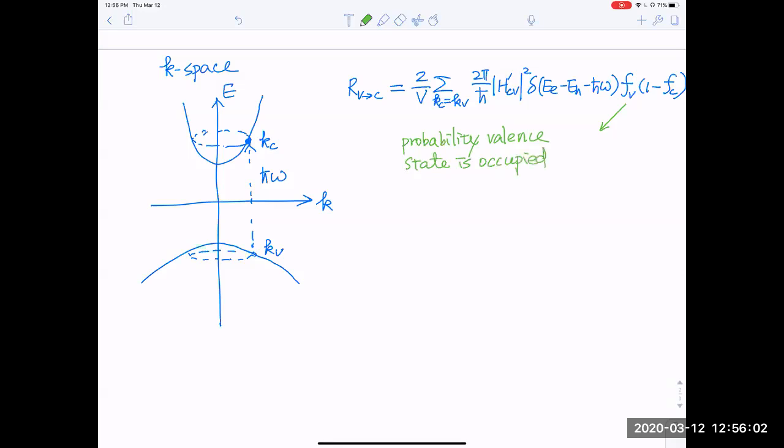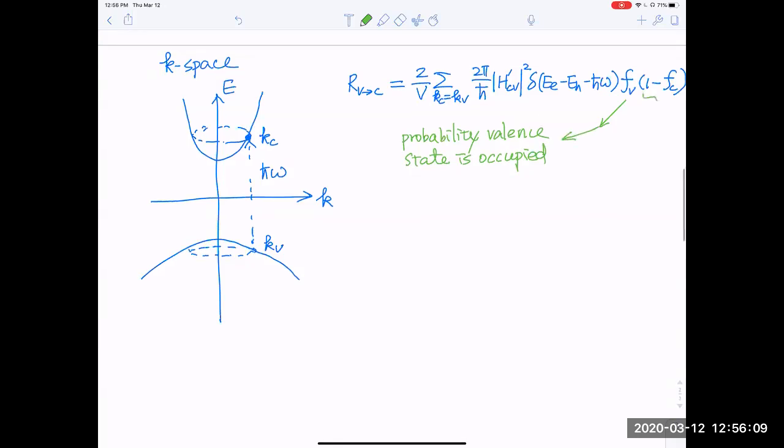And that's the premise for absorption. And 1 minus Fc, similarly, is the probability that the conduction band state is empty.